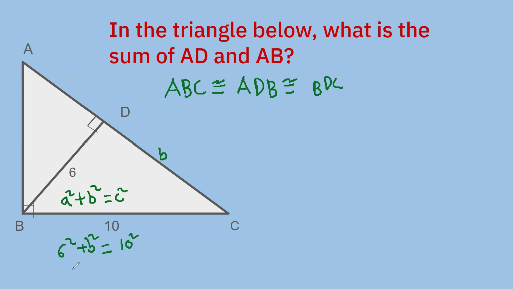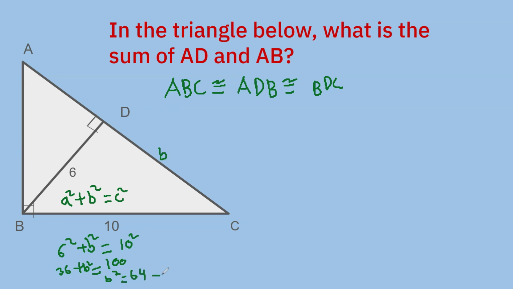Right? And then this makes it into 36 plus b squared equals 100. So then b squared equals 64 because you subtract 36.